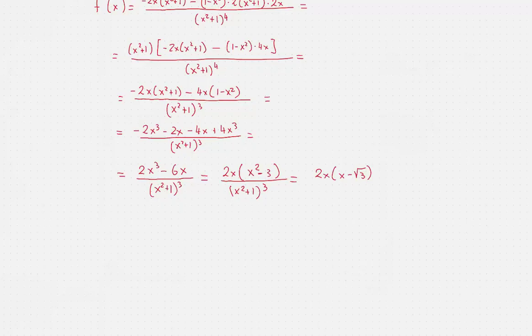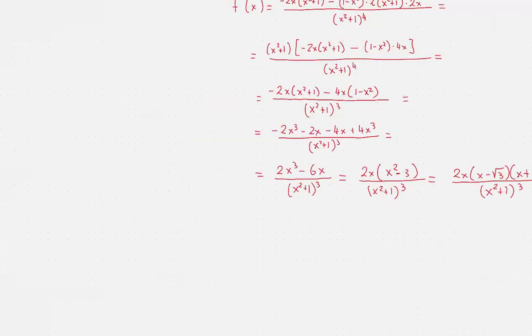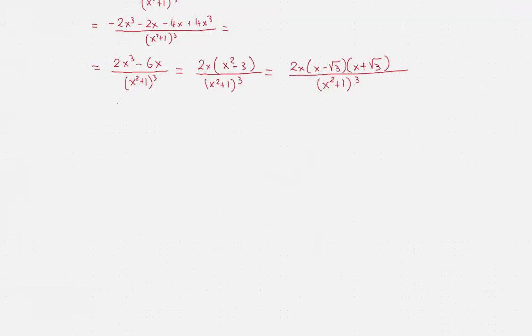Either way, we find that if we set f double prime of x equal to 0, then the numerator has to be 0. In general, whenever we have a fraction equal to 0, the numerator is equal to 0. And this means that x will be 0, square root of 3, or negative square root of 3.